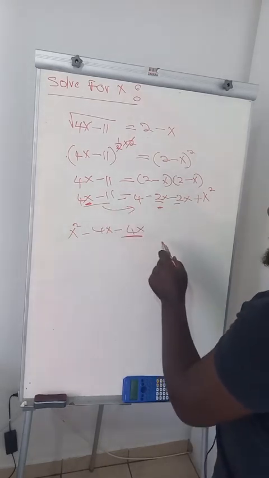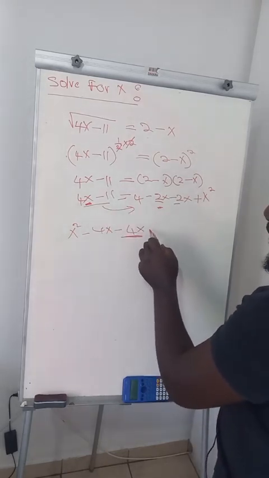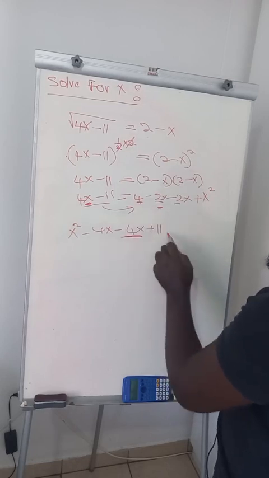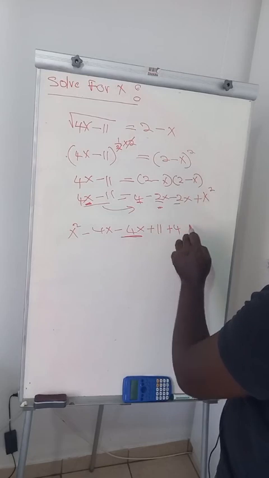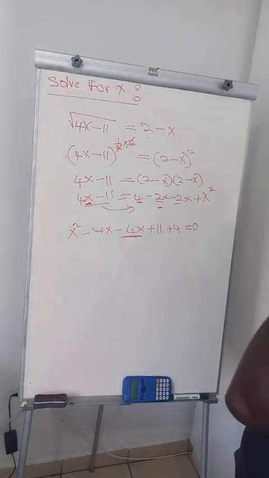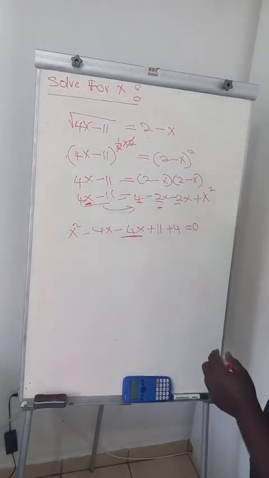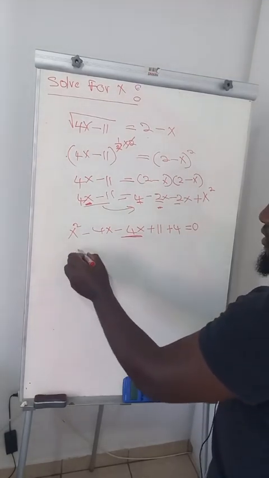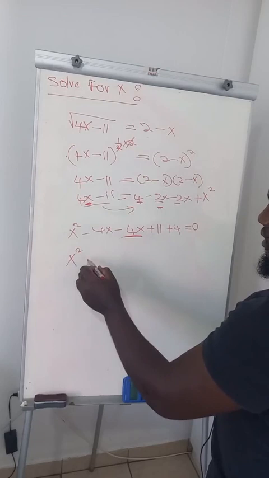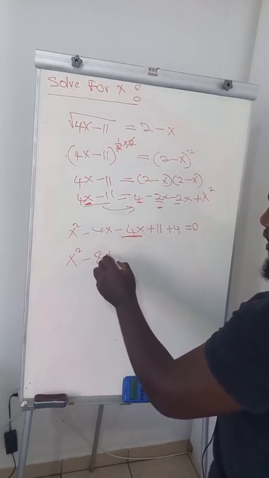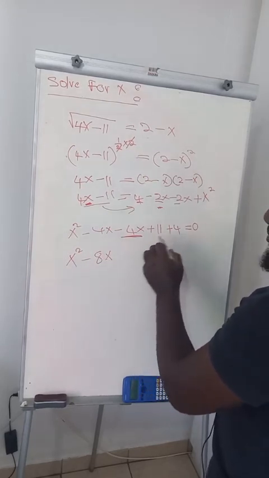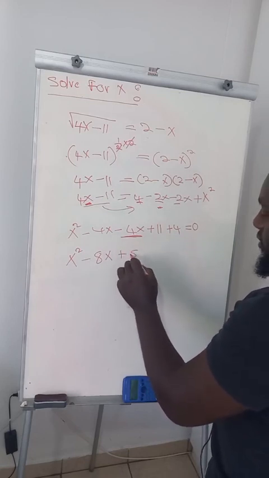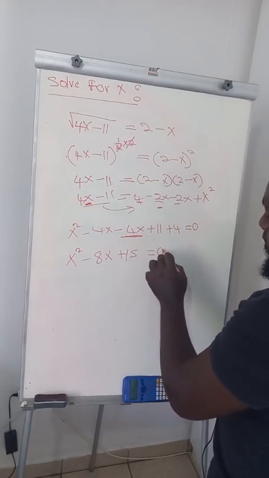Take the 11 to that side, you'll have a positive 11, and then you still have this 4 plus 4 is equal to 0. So once you have this, you can say x squared minus 8x, and then 11 plus 4 will just give you 15, plus 15 is equal to 0.